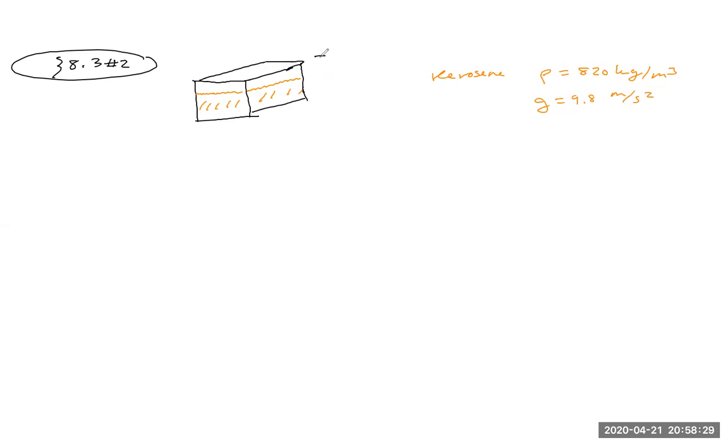We know that the depth of the entire tank is 2 meters. And we know that the length is 8 meters. And we know that the width on the edge, essentially on the side of the tank, is 4 meters.